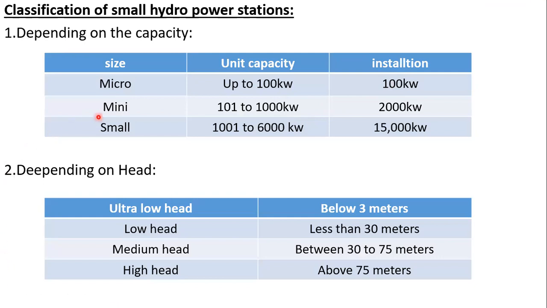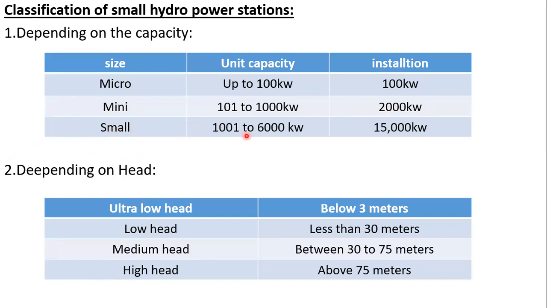If you take the micro one, it is up to 100 kilowatts. If you take the mini size, it is from 101 kilowatts to 1000 kilowatts, and the installation capacity is 2000 kilowatts.